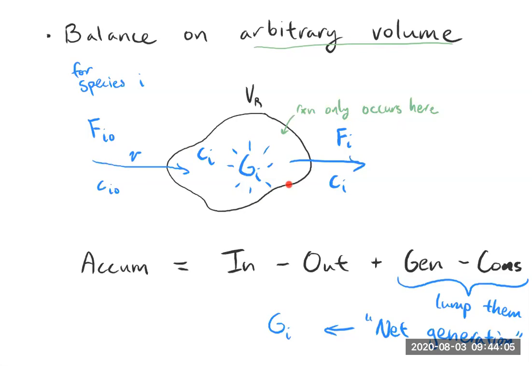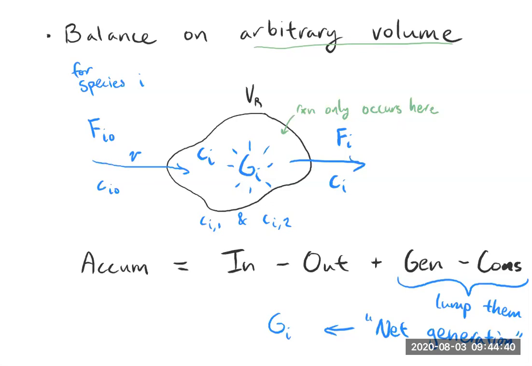So we'll keep that in mind. If you look at a similar figure in your textbook, I think it'll refer to C I1 and C I2, just to note that the concentration of species I could vary. So that is our overall balance, just shown pictorially.